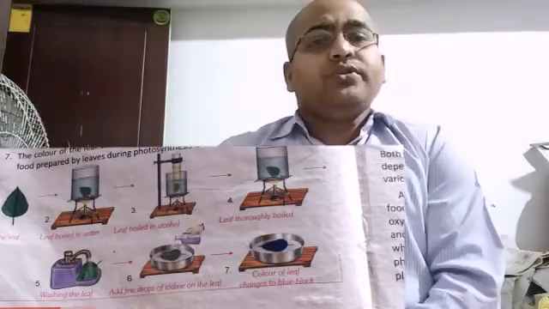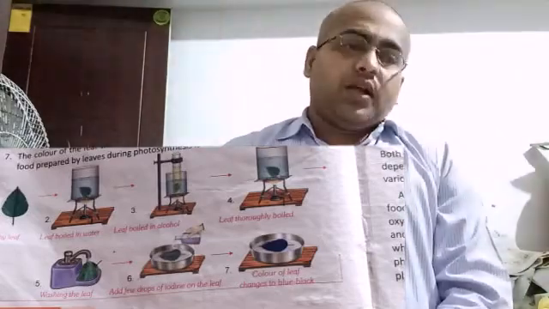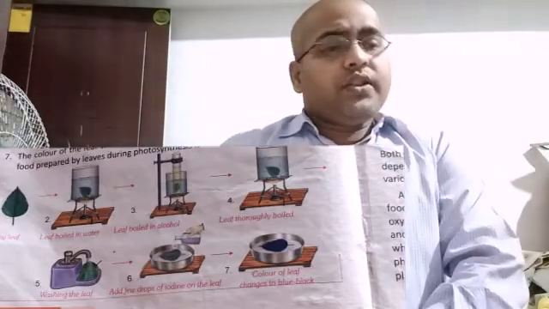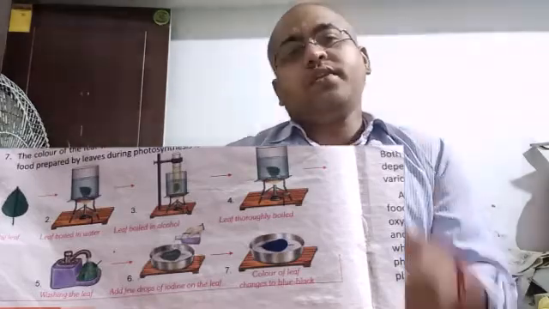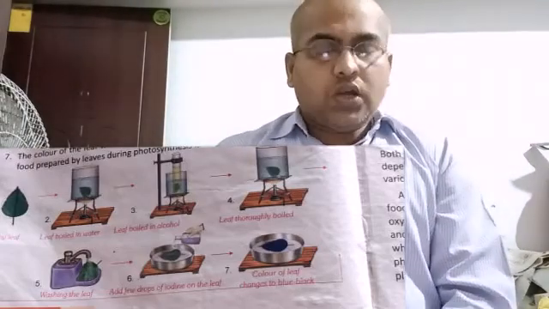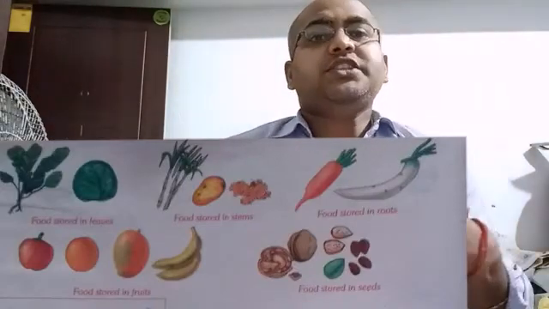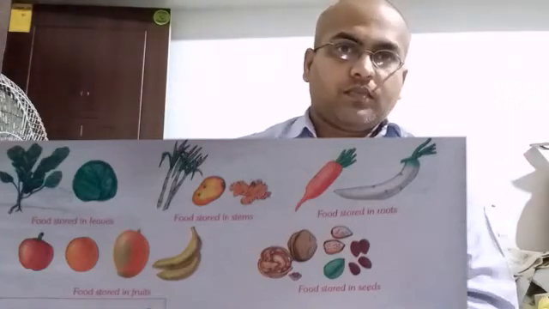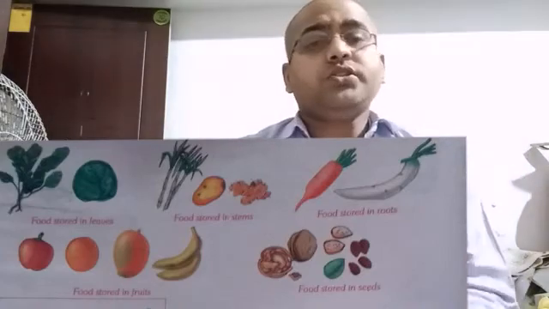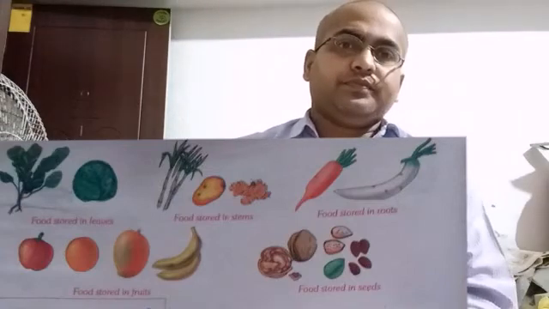Now there are some other types of plants in which the leaves are converted into spines or thorns, like cactus. Here photosynthesis takes place in the stem itself, because the stem is green in color and fleshy also, so food is prepared there.